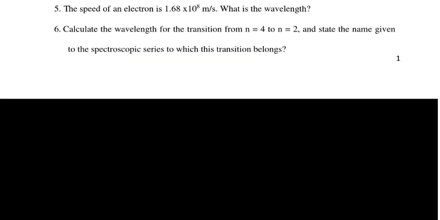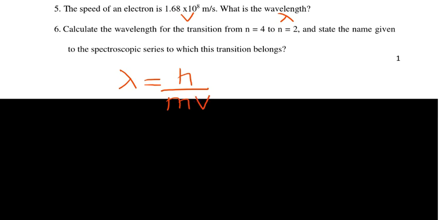The speed of an electron is 1.68 times 10 to the power 8 meters per second. What is the wavelength? We're looking for an equation that relates the velocity to the wavelength. That is what we call the de Broglie wavelength, which comes from the wave-particle duality. The equation is Planck's constant over the product of your mass and your velocity.